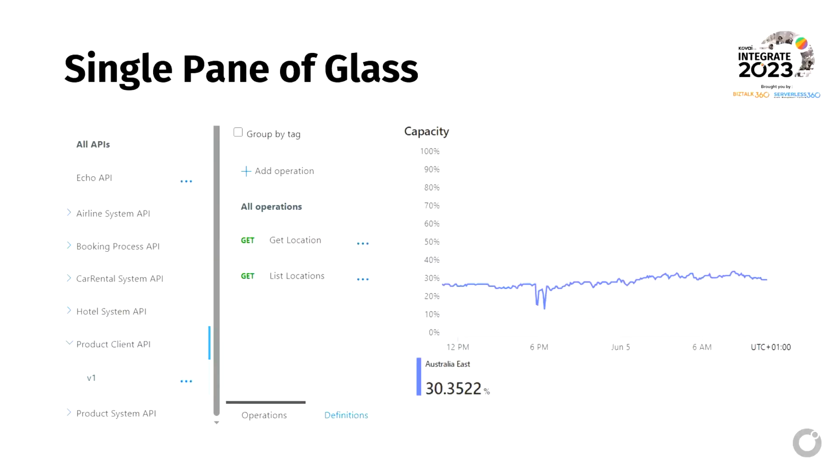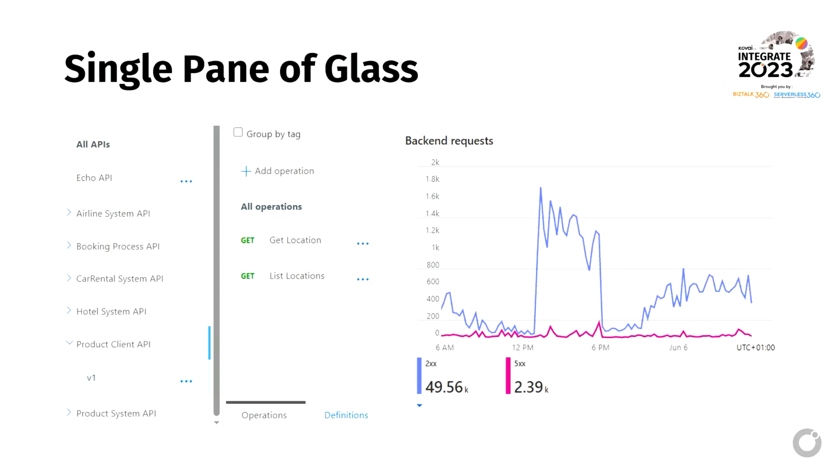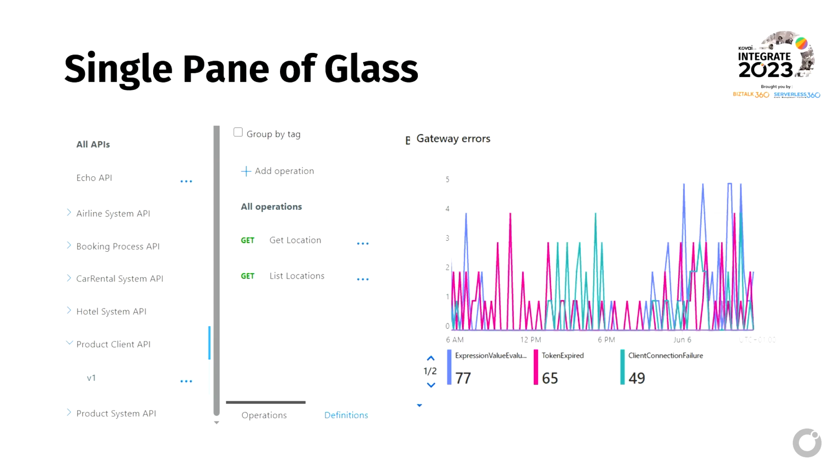Because I have this single pane of glass provided by API Management, I have lots of logging capabilities and lots of metrics that I can retrieve. For example, here are the numbers that I got from the production environment of the company where I work today. It's telling how much capacity is being consumed right now, how many gateway requests I have in a specific time range, backend requests, and how many errors.